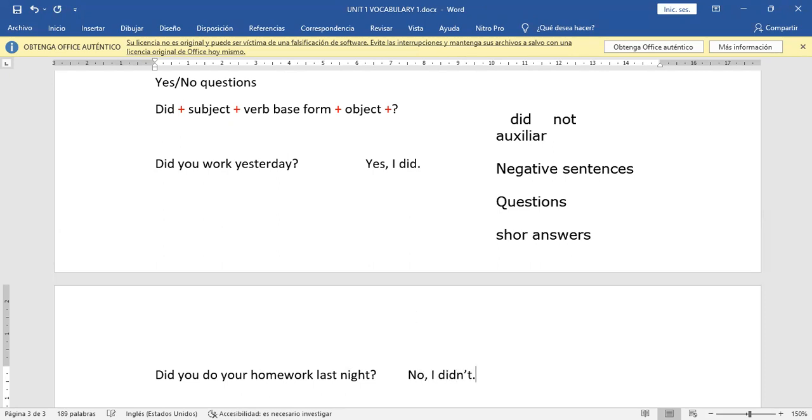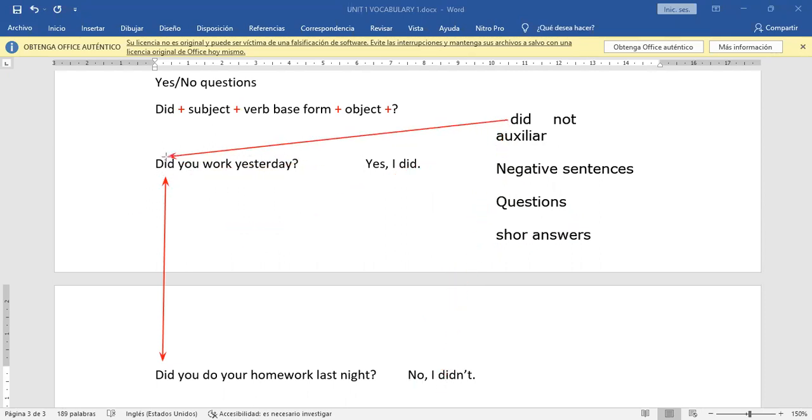You know, in this case we are using did. Also, we are using did as an auxiliary in questions, and also in short answers: yes, I did. No, I didn't.